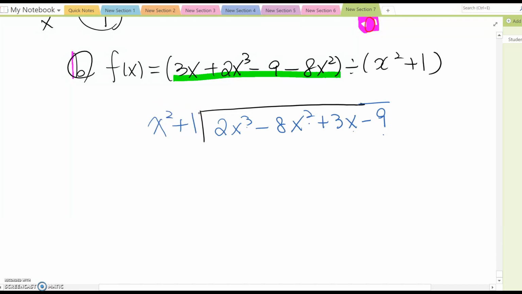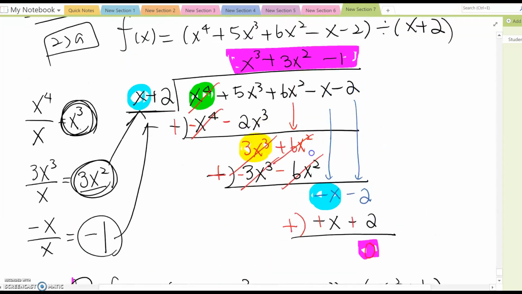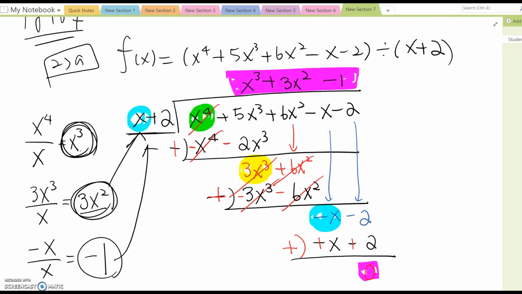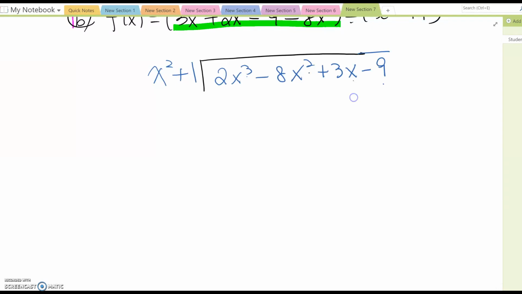Okay, what did we do when we solved the previous problem? Yes, we compare the dividend's leading term and the divisor's leading term.